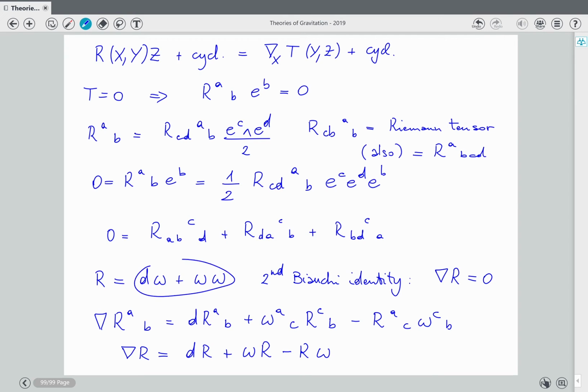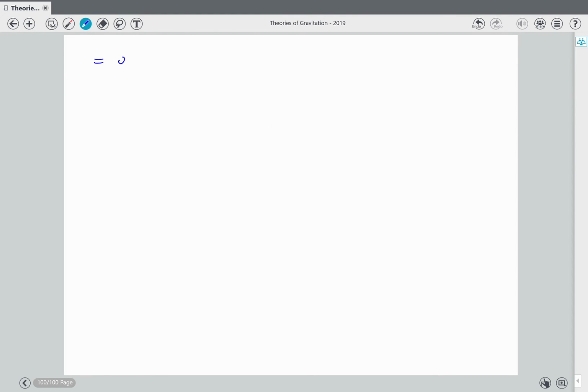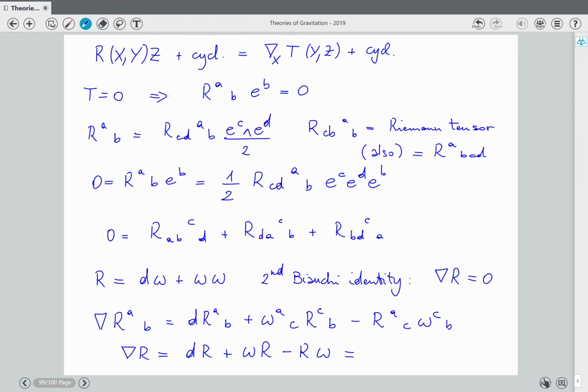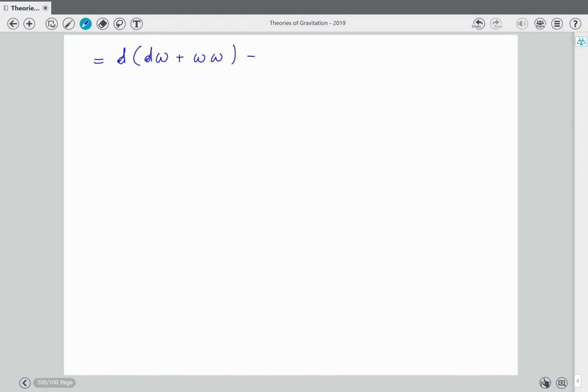Now we replace this inside, and what do we get? D of R plus omega R minus R omega.